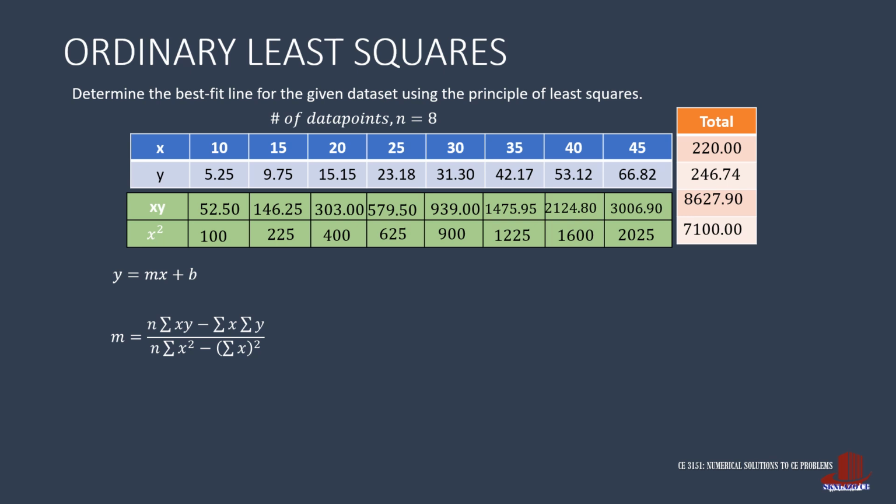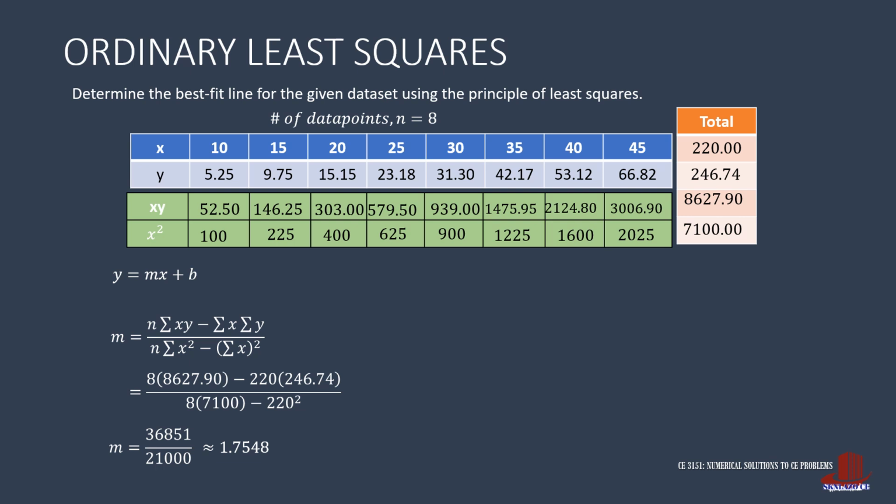Since the values of the parameters are already identified, m is then 8 times 8,627.9 minus 220 times 246.74, all over 8 times 7,100 minus the square of 220. M is then simplified as 36,851 over 21,000, or 1.7548.